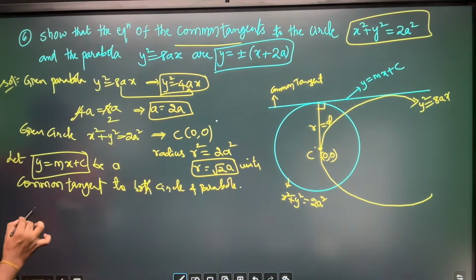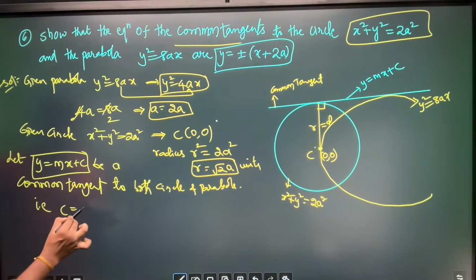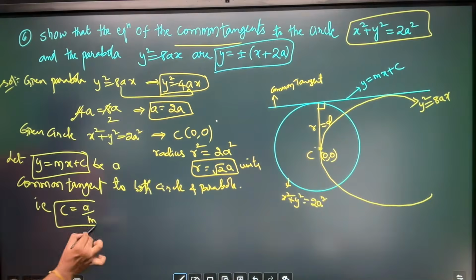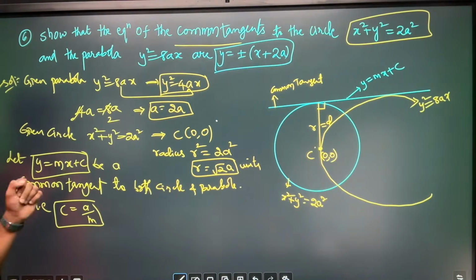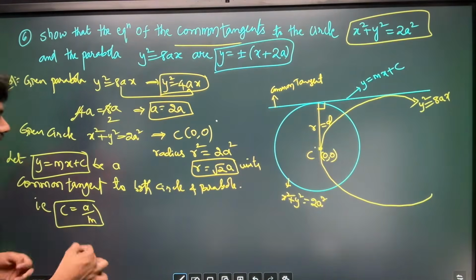What is that condition? That is c is equal to a by m. Here c is the constant, c is equal to a by m if and only if y is equal to mx plus c is a common tangent.